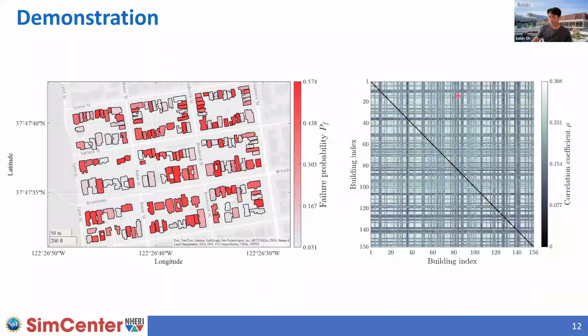As you can see here, the failure collapse events of each structure have this kind of correlation structure. These are purely from the R2D tool, and this correlation comes from the ground motions, not from correlations between the capacity of structures.